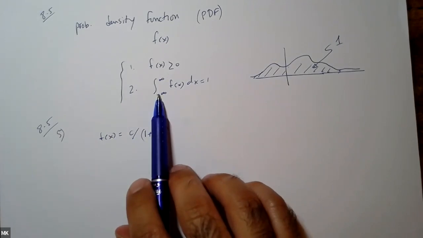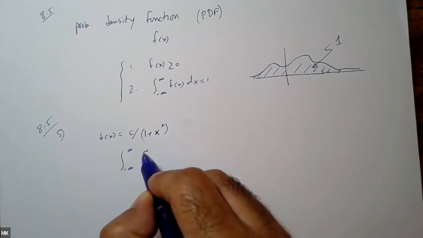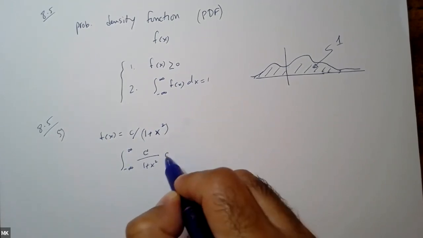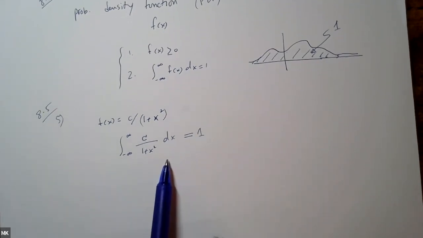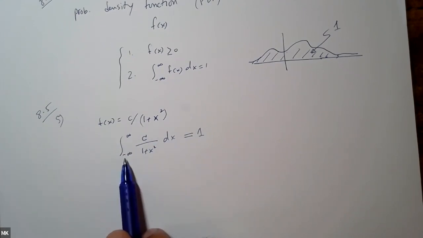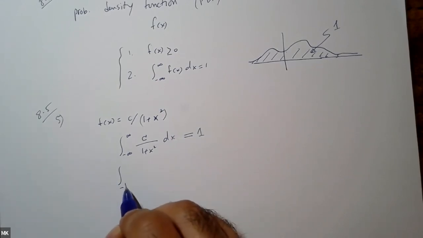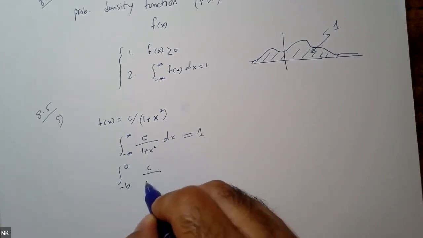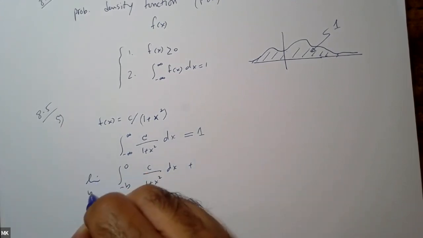Then I find c by setting up the second condition. I say the integral from negative infinity to infinity of c over 1 plus x squared dx, I want this to be 1. The way you handle this is by writing it as the integral from negative b to 0 of c over 1 plus x squared dx, plus the limit as b goes to infinity.